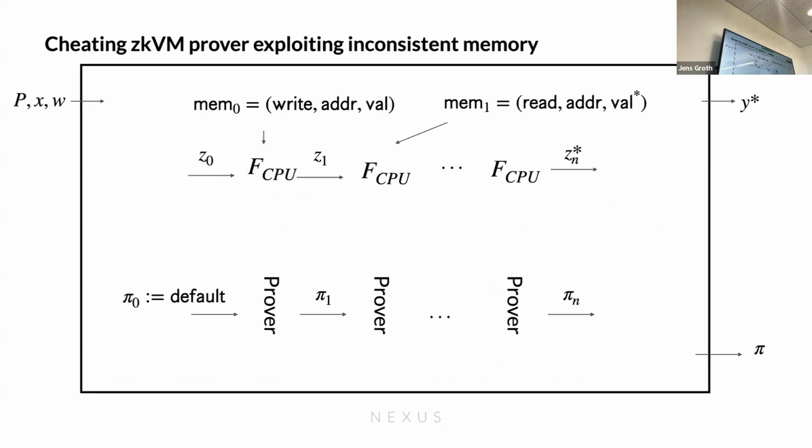At this point, the CPU thinks it's writing some value to a specific address. In the next step it thinks it's reading from that address, and now we're giving it a different value as the input. Correspondingly, the output might be wrong, but the proof looks great, because the proof doesn't see that, it only sees that the CPU is executing correctly.